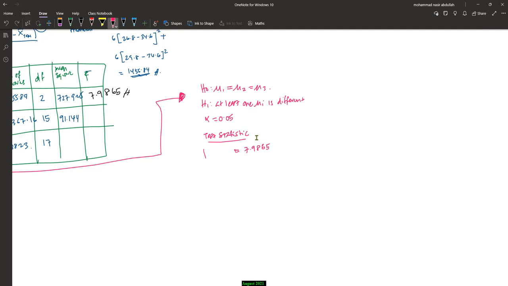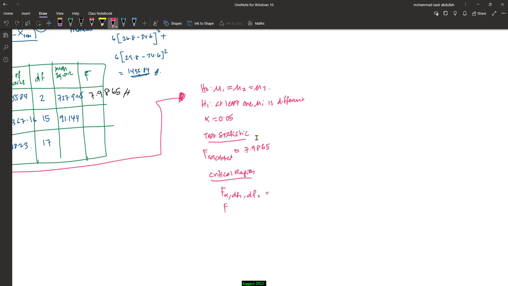So let me clarify, F calculated, because we are calculating the F value from the ANOVA table. And then we have a critical region. Before the critical region, we need to calculate the critical value, which is F alpha, degree of freedom 1 and degree of freedom 2.